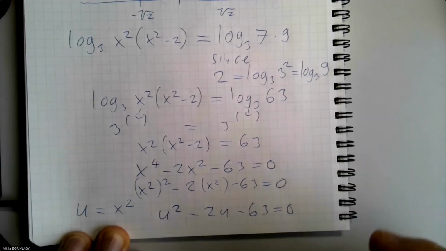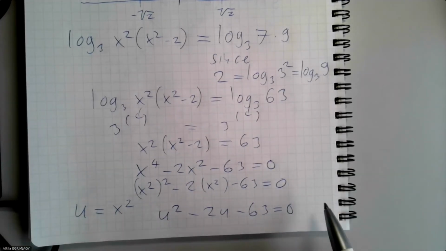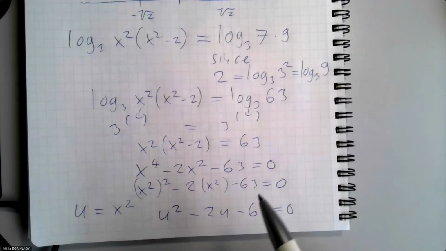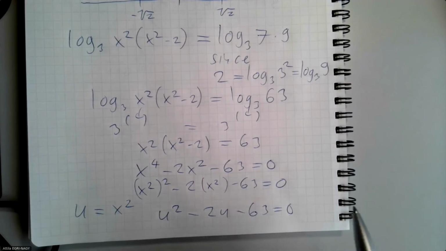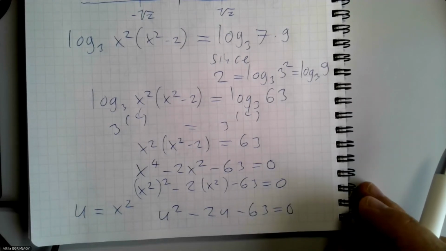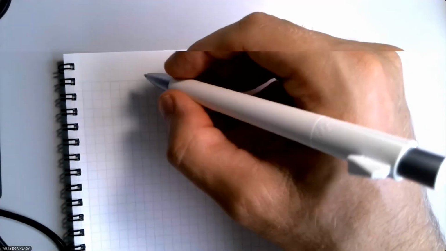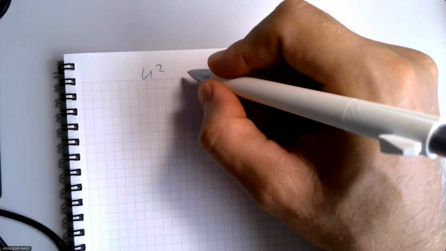Okay, how to solve this one? You can just use the quadratic formula, or you might see that there is a good hint here: 63 is 7 times 9. So let me write it down again.